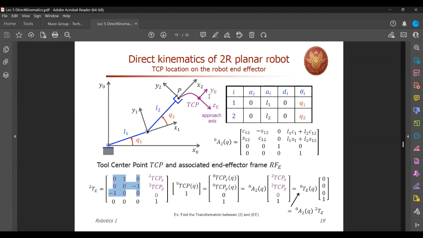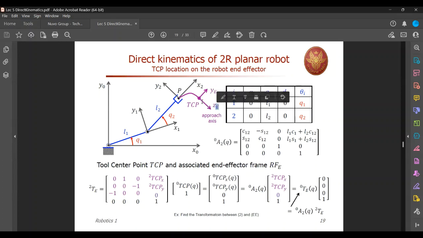Now, after the rotation, right? This is YE, this is ZE, right? Now you can say that this coordinate frame is not here, but here, right? At the same point where second frame is located, right? But orientation of this orientation.